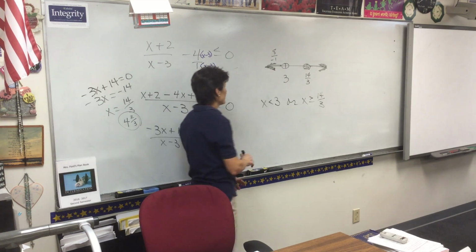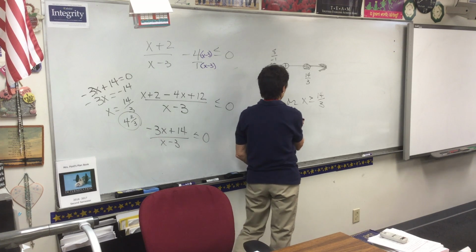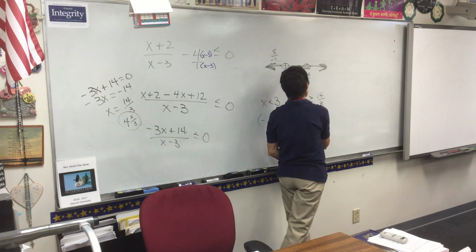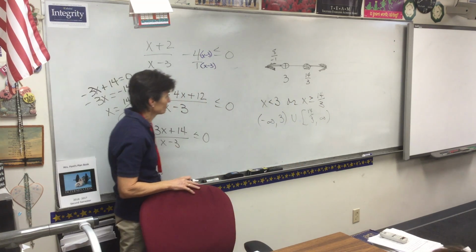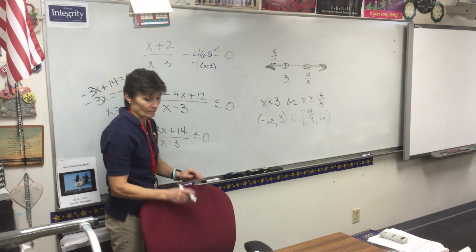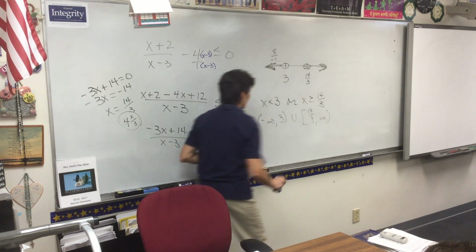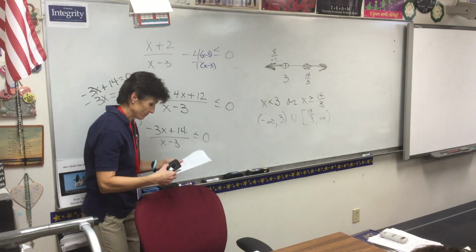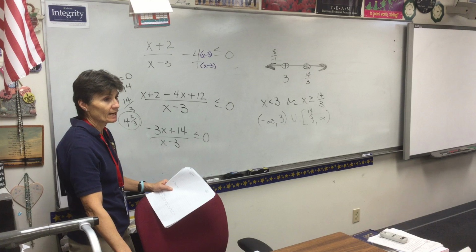So in interval notation, that would be negative infinity to 3 or 14/3 to positive infinity. That's a big problem. That's probably the hardest problem on the test, this kind.